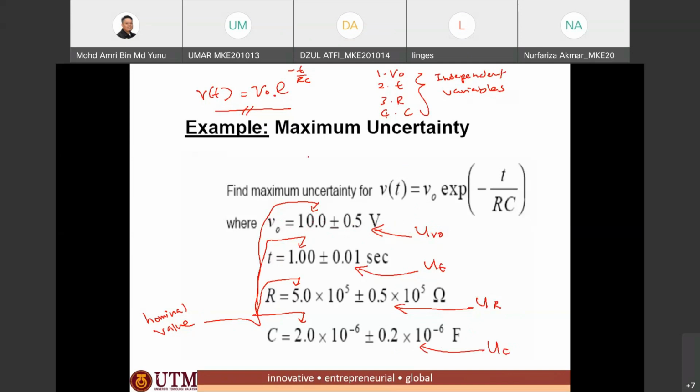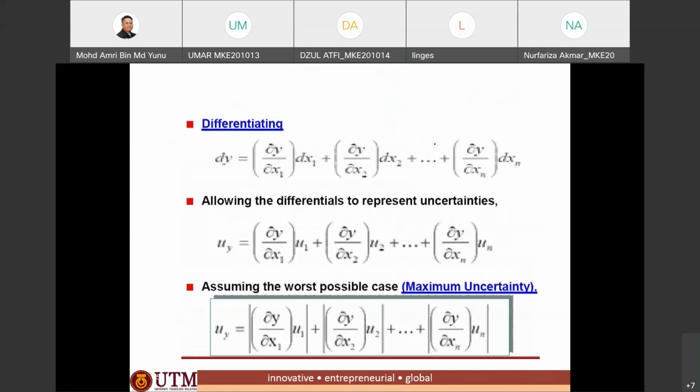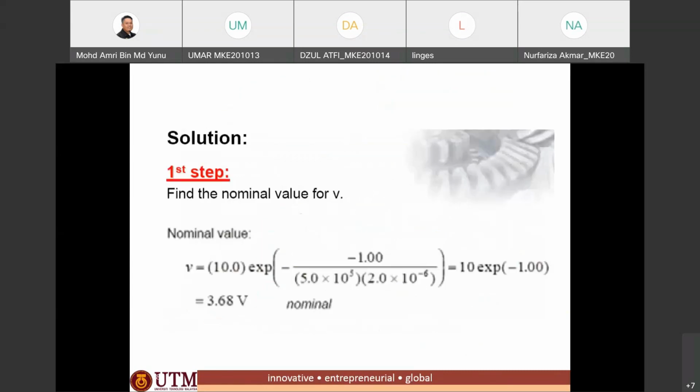So we need to find what is the maximum uncertainty. Maximum uncertainty is this formula. The first step is to find the nominal value of V, the calculated value.